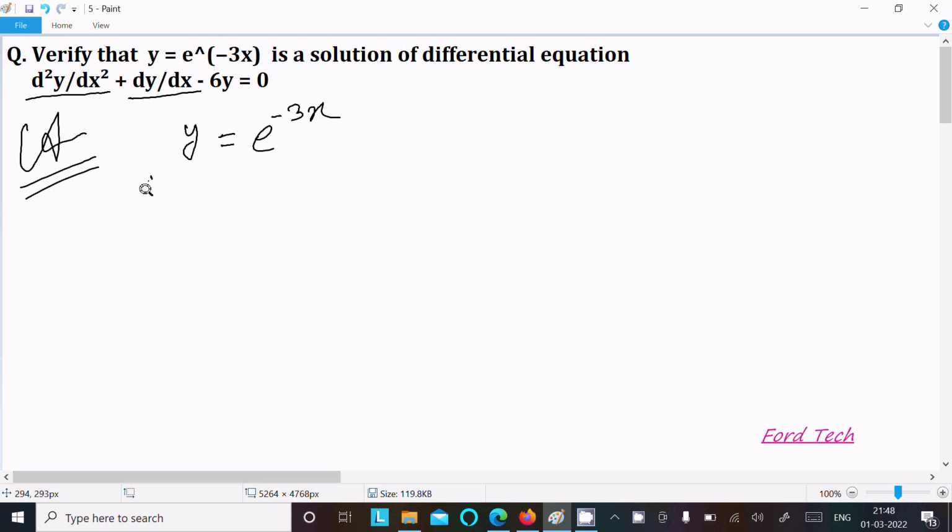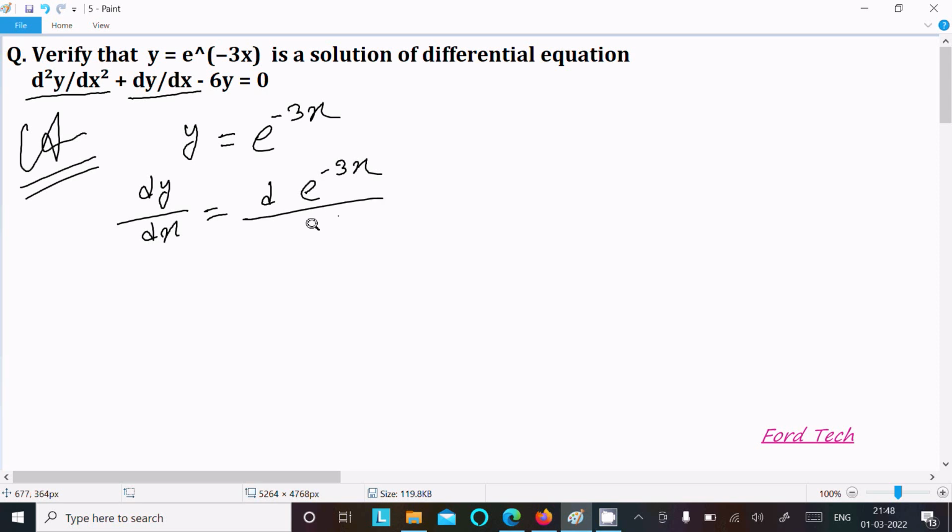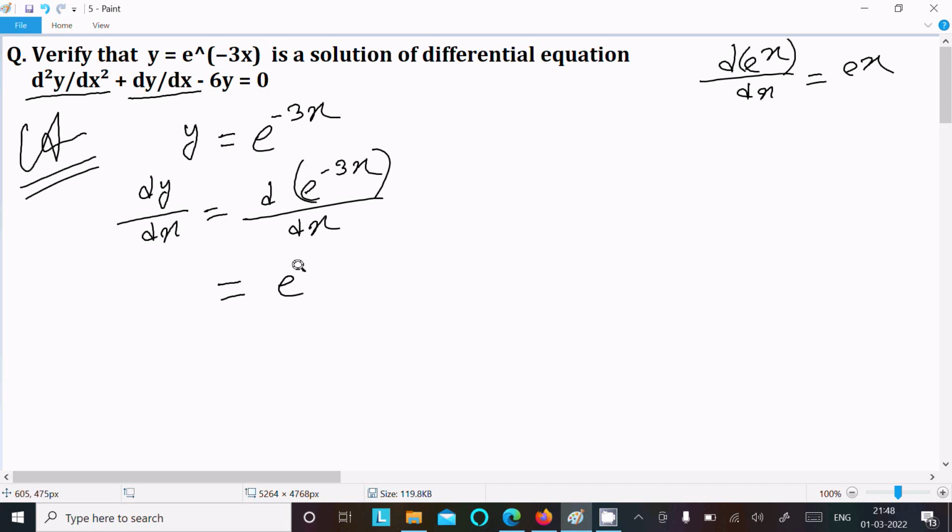So doing the differentiation with respect to x, dy by dx, which is d of e power minus 3x divided by dx. Now you already know the exponential differentiation of e power x. So here first we need to do the differentiation of e power minus 3x, which is e power minus 3x.